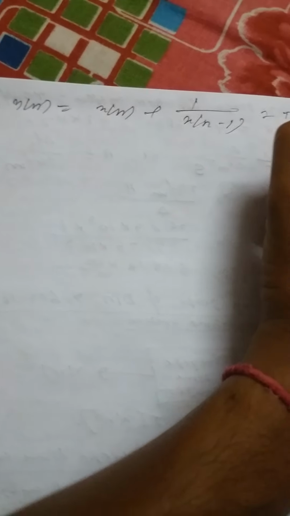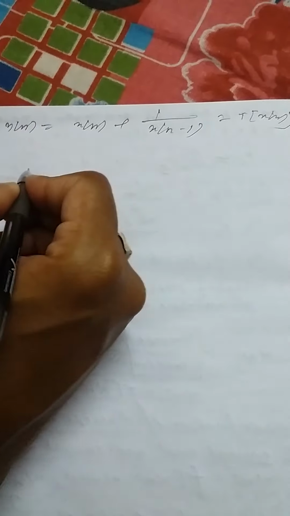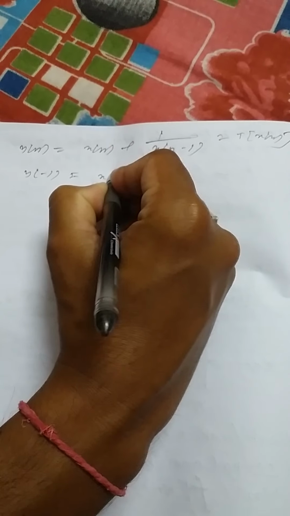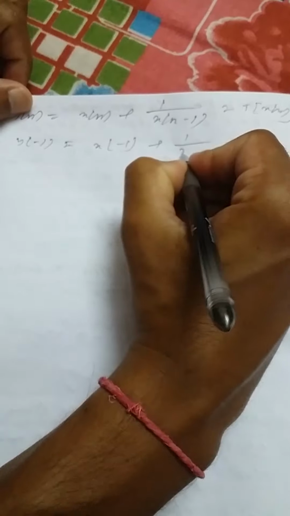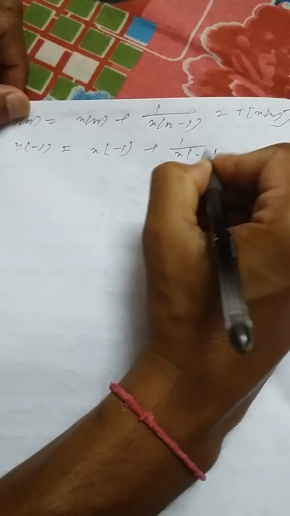At first we write this as transformation of x(n). Now check y of minus 1: x of minus 1 plus 1 by x of minus 2.